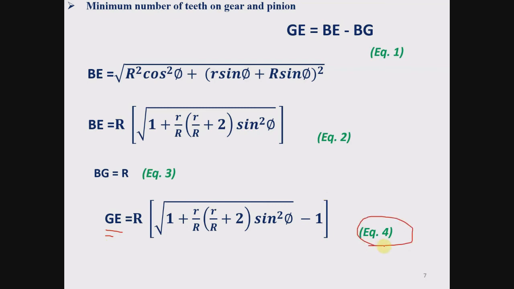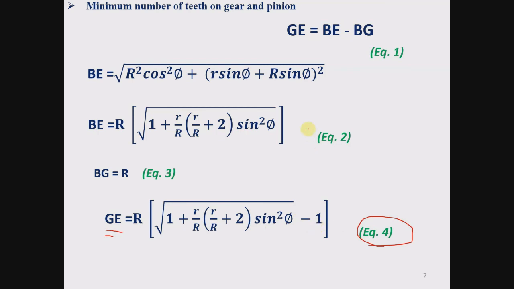This is our equation number 4. Name this equation as equation number 4. GE is equals to capital R bracket in bracket under root of 1 plus r upon R, again one more bracket, r upon R plus 2 bracket close, sin square phi, and this minus 1 is not inside this radical sign.